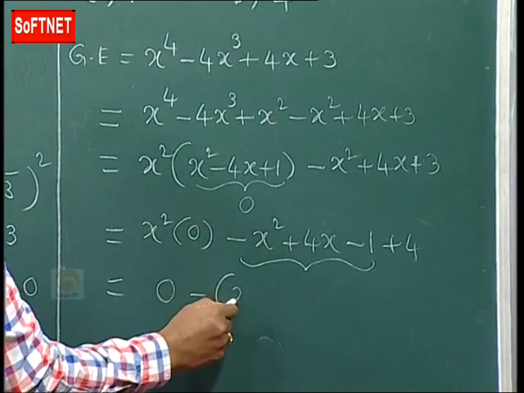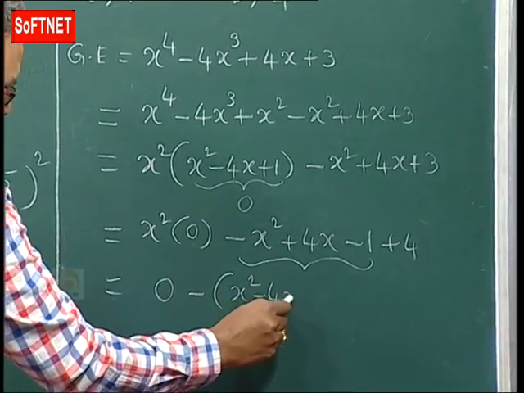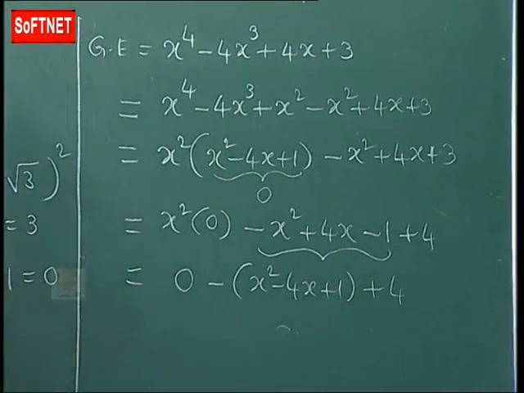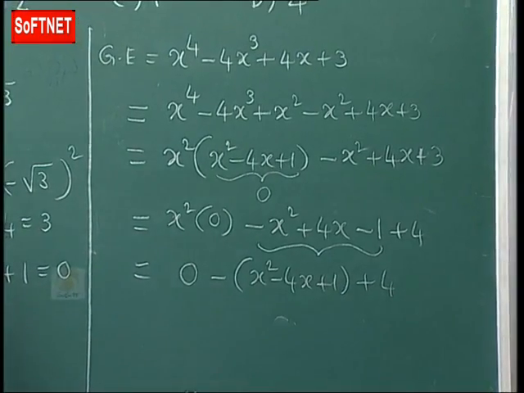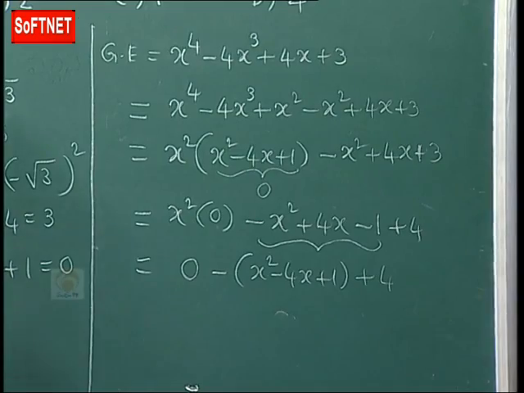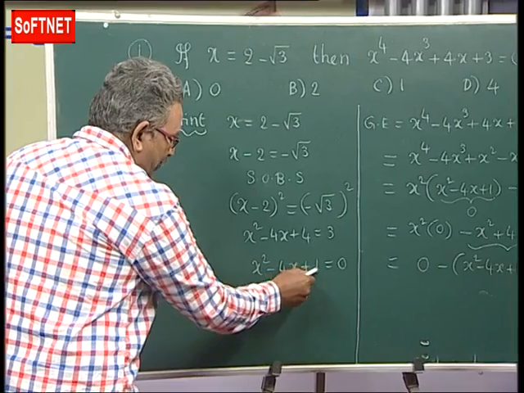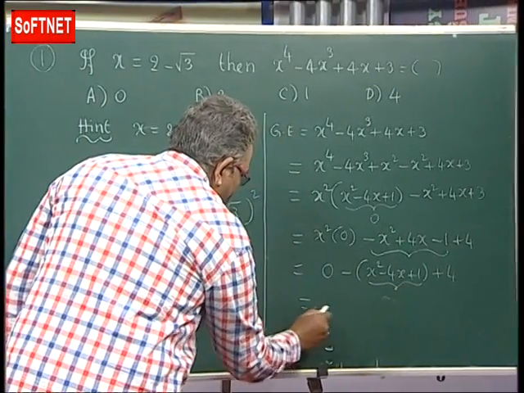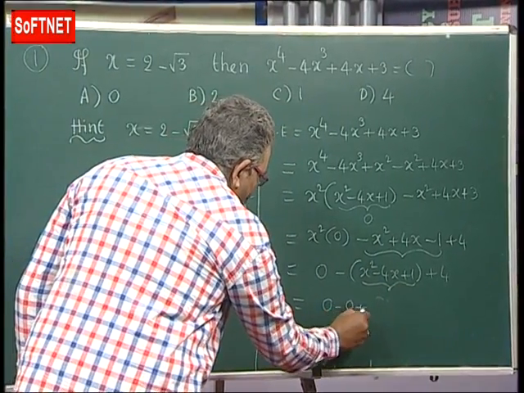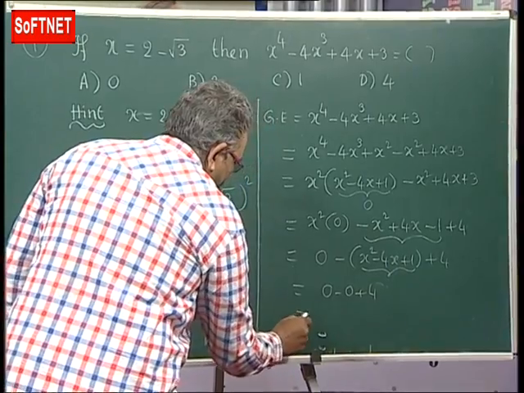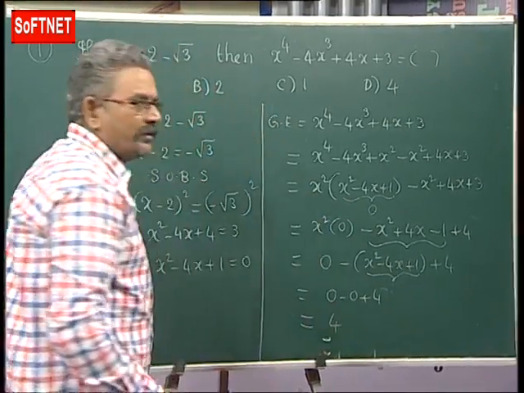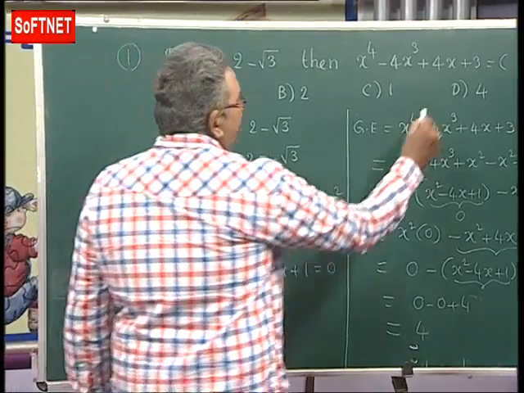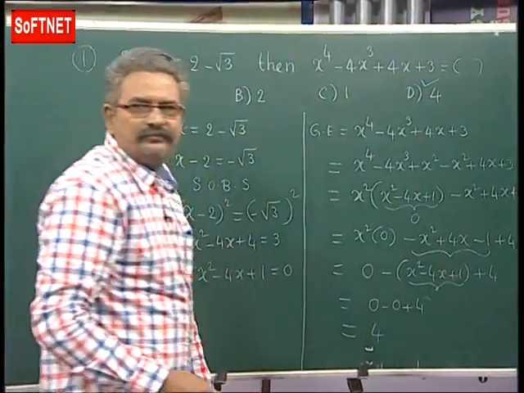Minus common, we get x square minus 4x plus 1, plus 4. Now, what do we get? As x square minus 4x plus 1 is equal to 0, this is also 0. So, 0 minus 0 plus 4, this equals 4. Which is the right option? Yes, D is the right option.